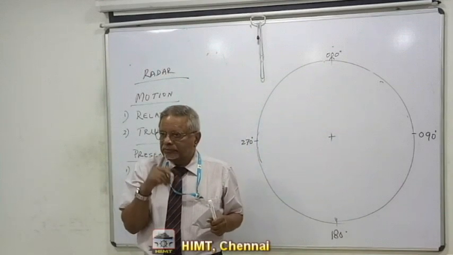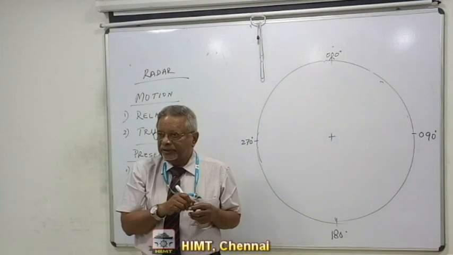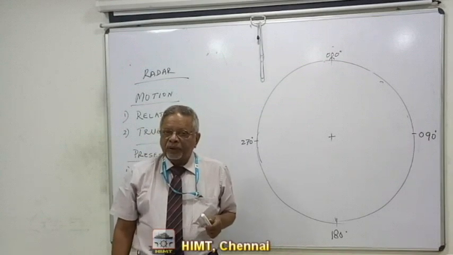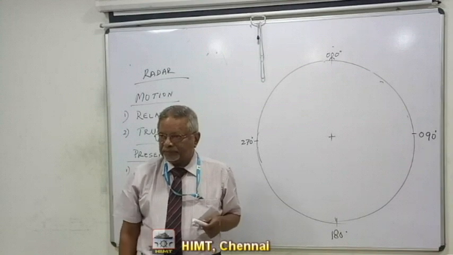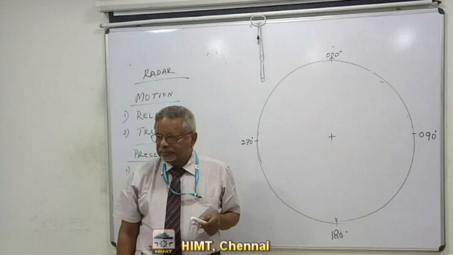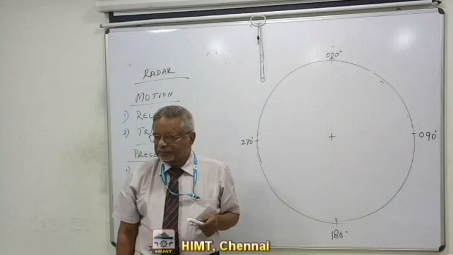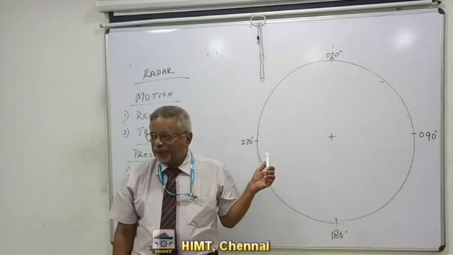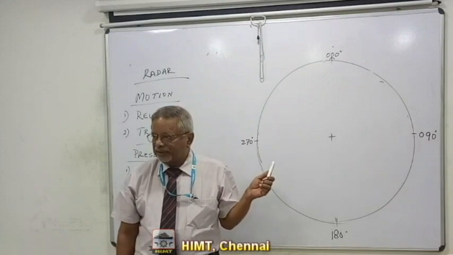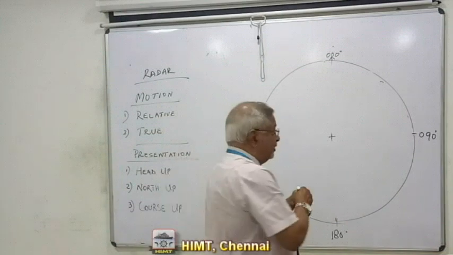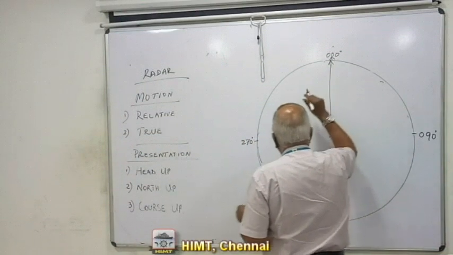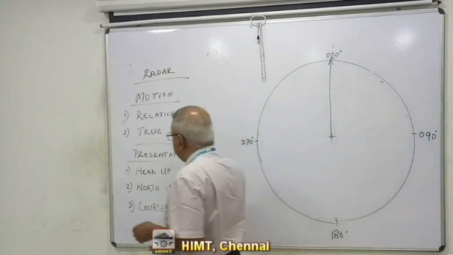Ship's head. So if I am steering 060, let us say, where will your heading marker point? If it is a true north, I'm talking about relative motion head-up presentation, that will be 000. So the heading marker is going to show 000 direction.